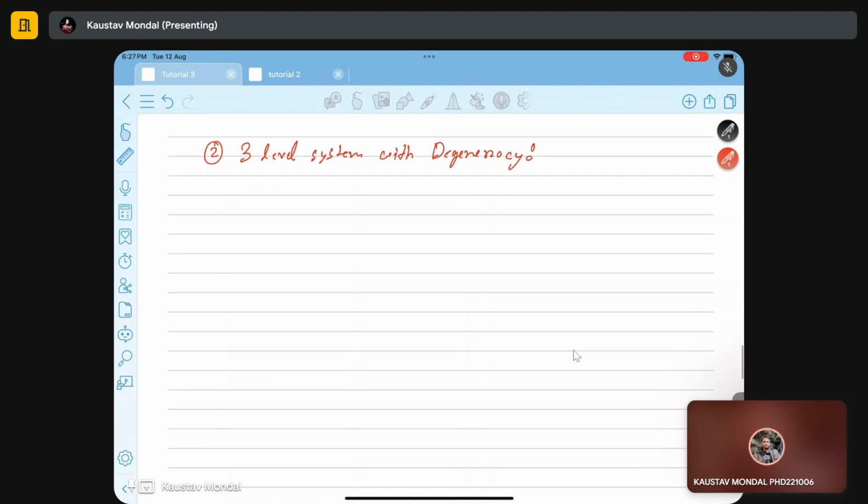The system has three energy levels: E0 equal to 0, E1 equal to epsilon, E2 equal to 2 epsilon.